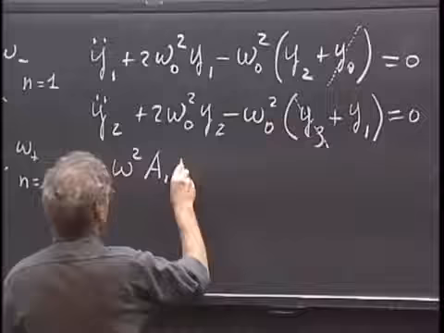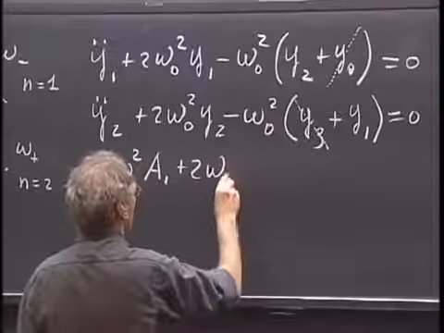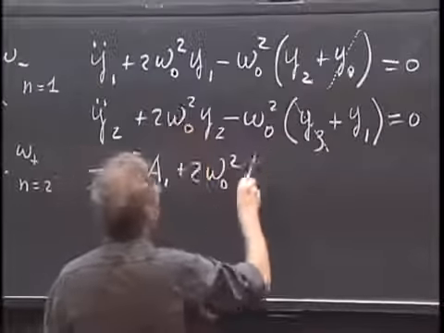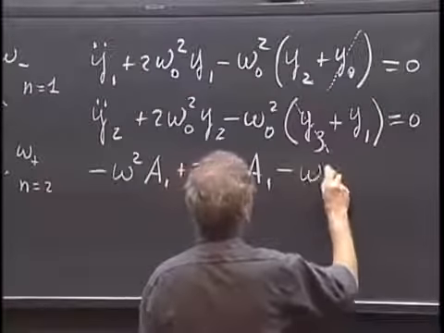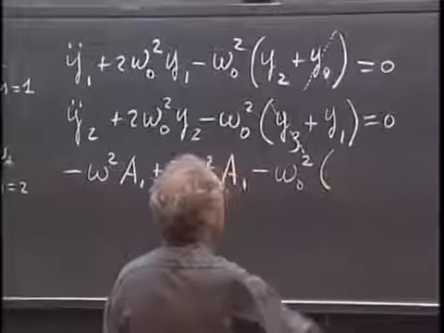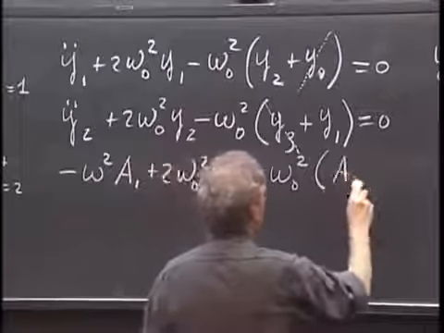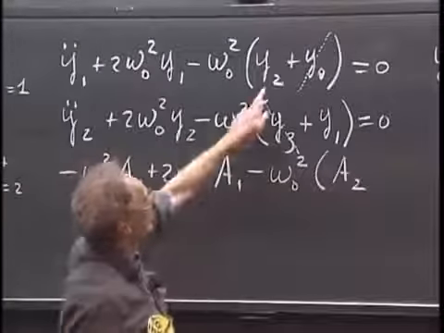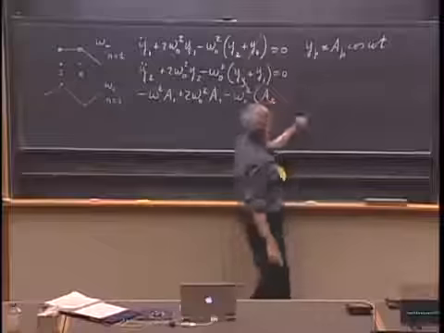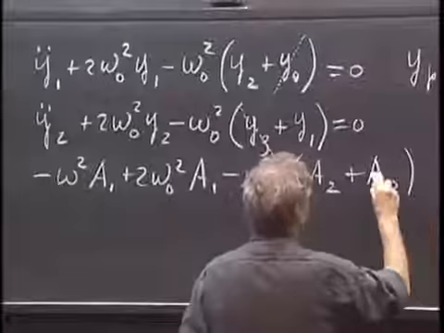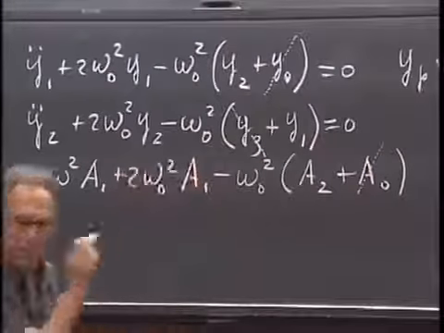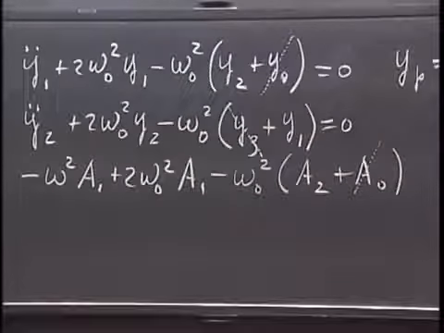Then I get plus 2 omega 0 squared times a1, and then I get minus omega 0 squared times a2, right? Because now I get a2, plus a0, which happens to be 0, but I just put it there. You will see shortly why I want to keep it there.